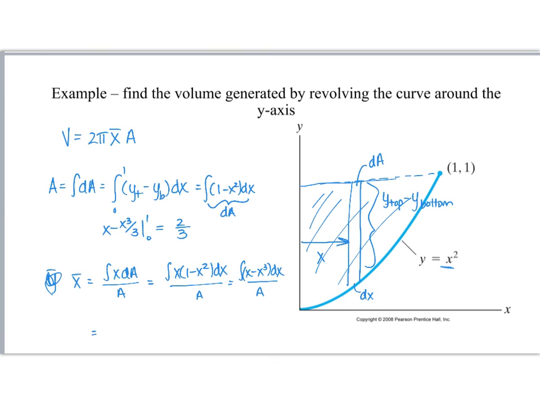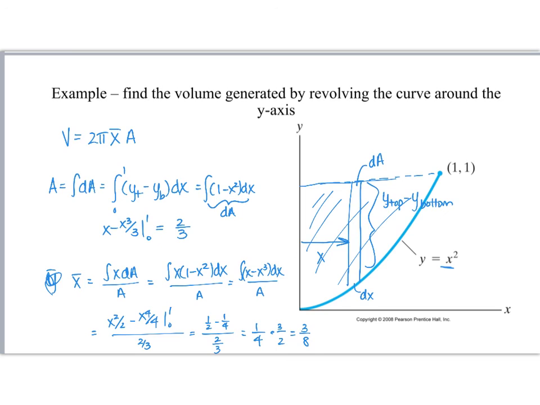And so when we integrate that, we get x squared over 2 minus x fourth over 4, evaluated at 0 and 1. And the area is 2/3. So if I evaluate the numerator of this fraction, it's going to be 1/2 minus 1/4 over 2/3. So it's 1/4, and then I'm going to just flip the bottom times 3/2. So it's 3/8 is my x bar.